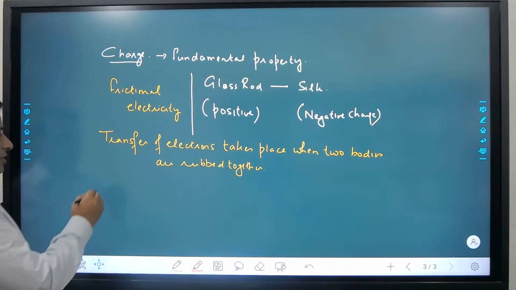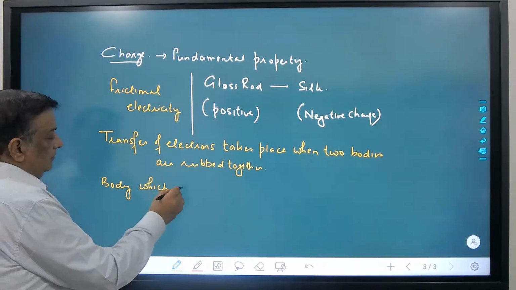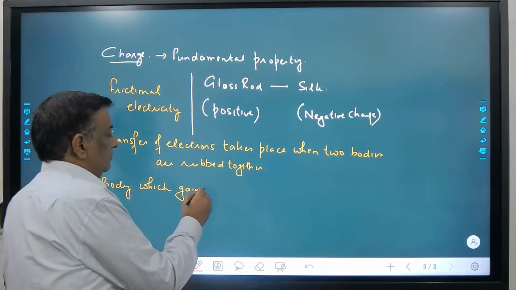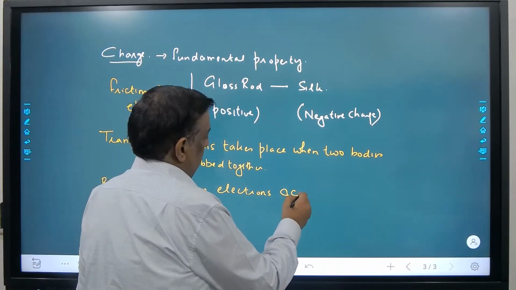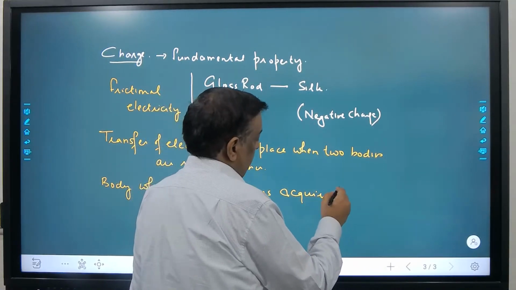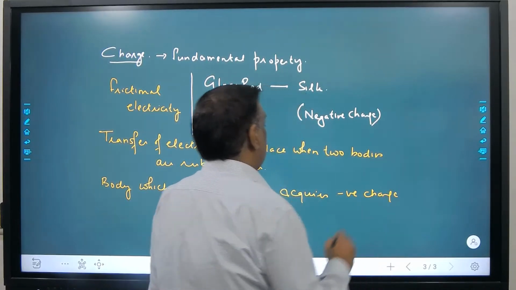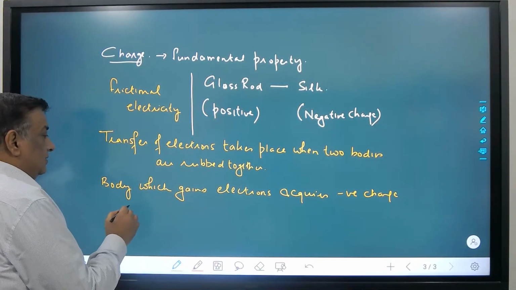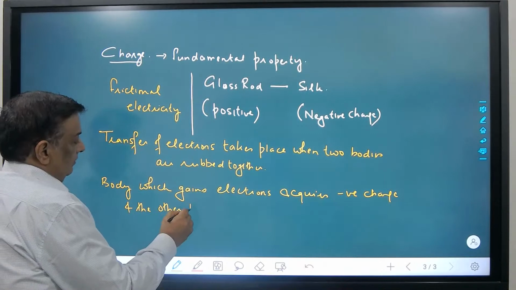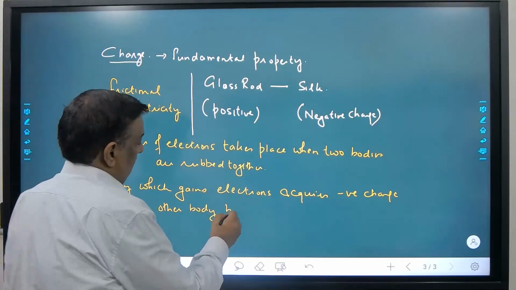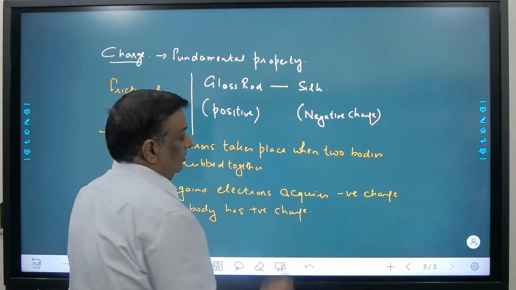The body which gains electrons acquires negative charge, and the other body has positive charge.